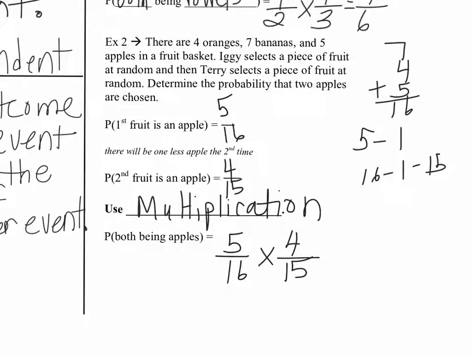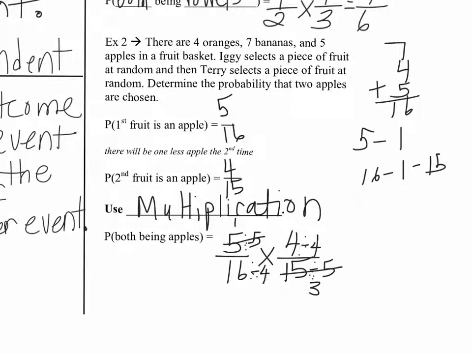Now with this problem, instead of just multiplying top times top and bottom times bottom, you can cross cancel. 5 and 15 are both divisible by 5. 5 divided by 5 is 1. 15 divided by 5 is 3. And if you'll look, 4 and 16 are both divisible by 4.